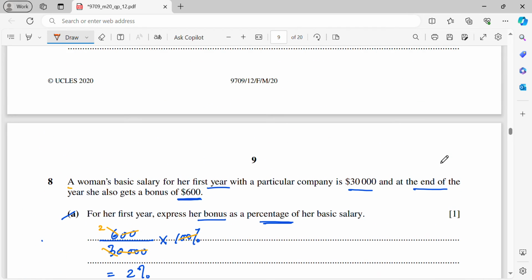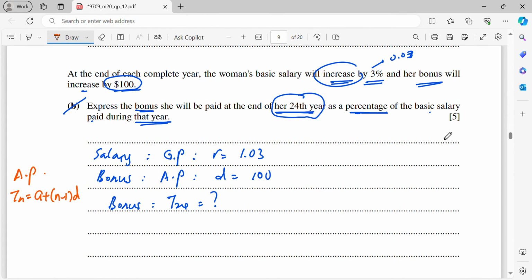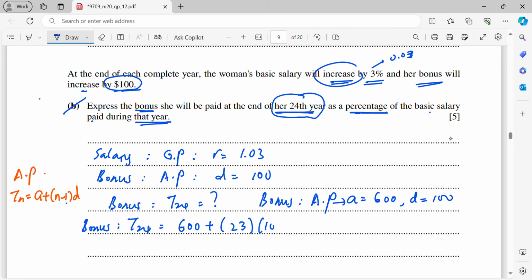So go back to the previous question. At the end of the first year, the bonus is 600. So for the bonus, it is an AP, arithmetic progression. a is 600, d is 100. So now my T24 for the bonus will be a plus n minus 1 d, so 600 plus 23d. Then this is going to be 2,900.